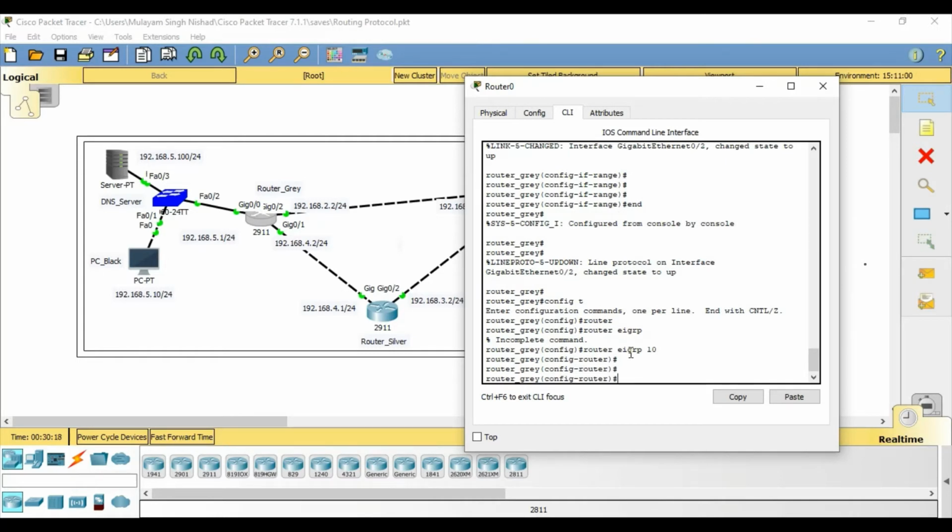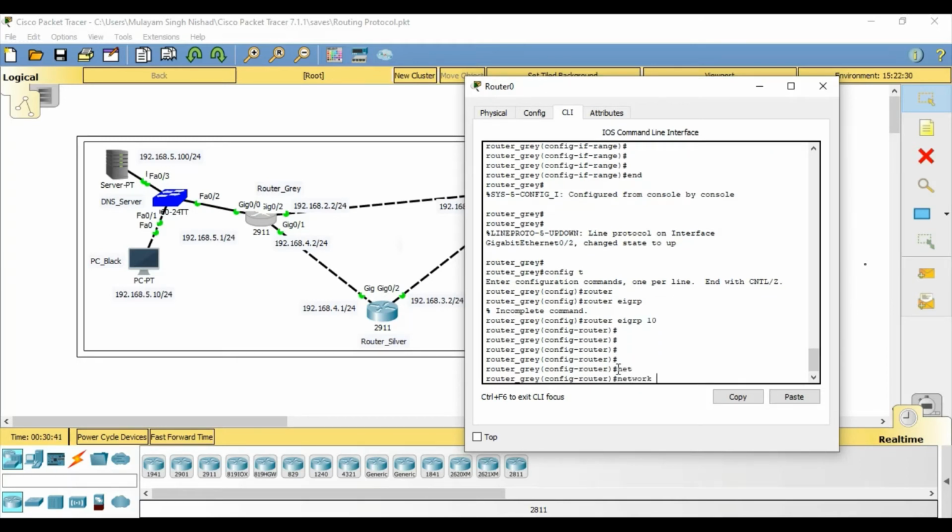This autonomous system number is locally assigned in the router. So it is not a problem if you give the same autonomous system number for this router or you give a different autonomous system number.